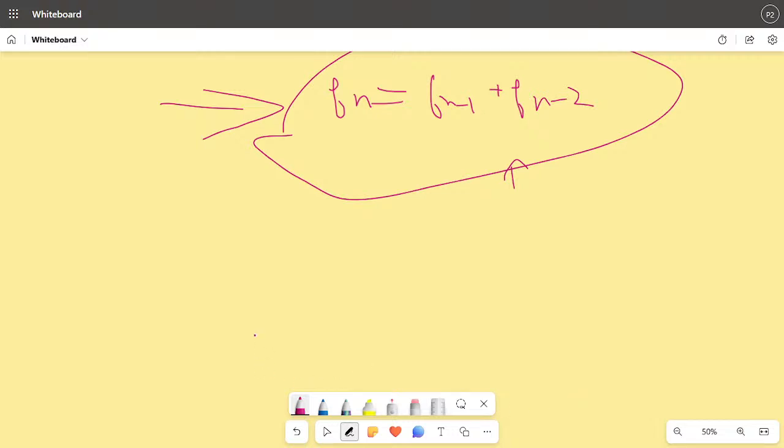Okay, so what I can say is that I have two terms, A and B, which is the last two terms of my sequence for now. Now what I'm going to do is I'm going to find the next two terms.